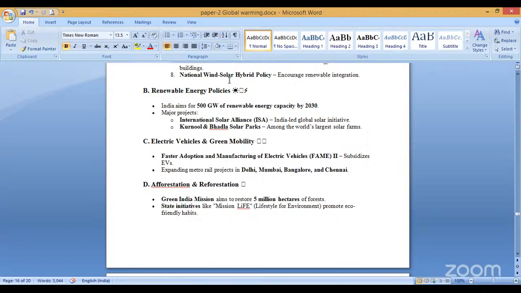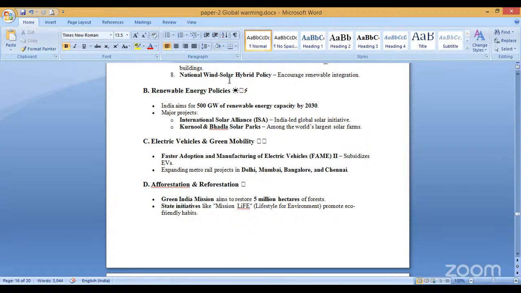Electric vehicles and green mobility: faster adoption and manufacturing of electric vehicles, subsidies on e-vehicles, and expanding metro rail projects in Delhi, Mumbai, Bangalore, and Chennai.